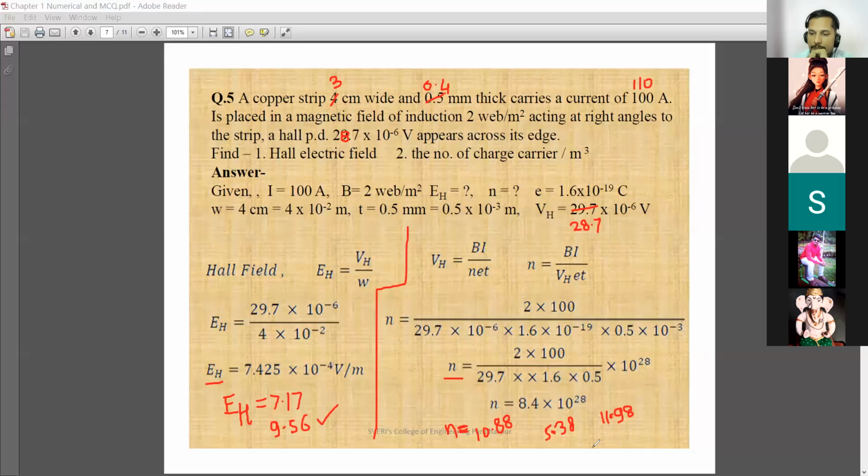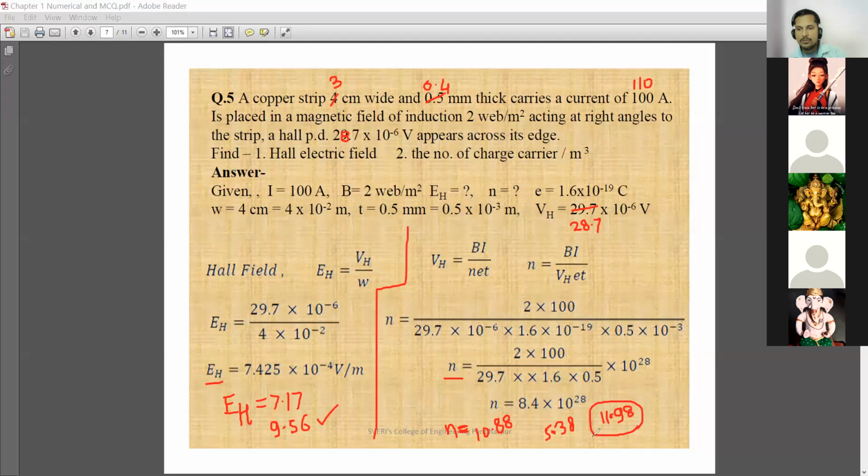Okay, power is the same. Those who told the answer 5.38, is it correct, or do you want to go for this value after calculation? So the third value, 11.98, is correct. Right answer. Yes, sir. Okay, I got it.